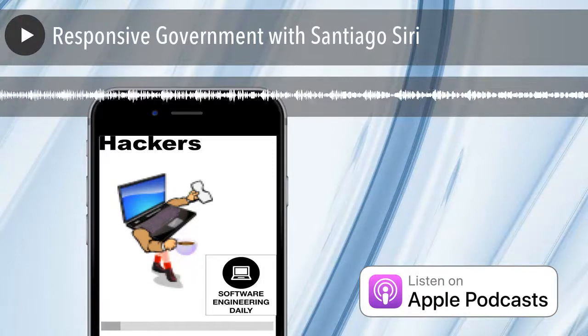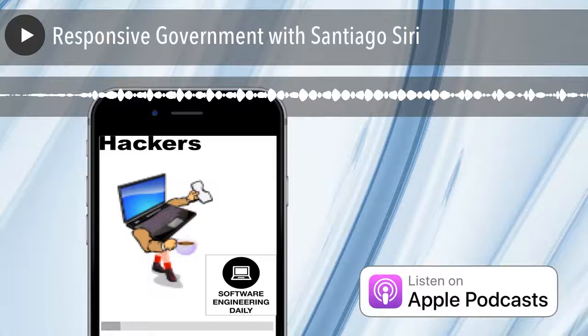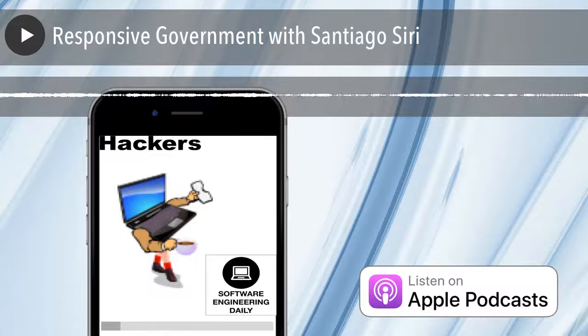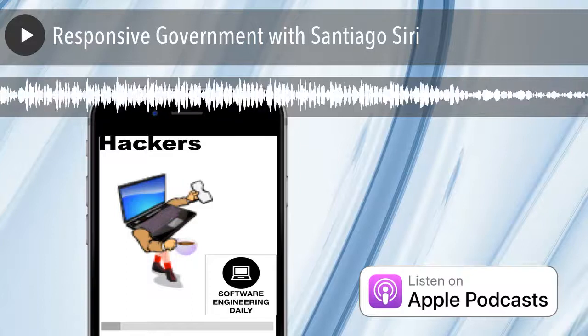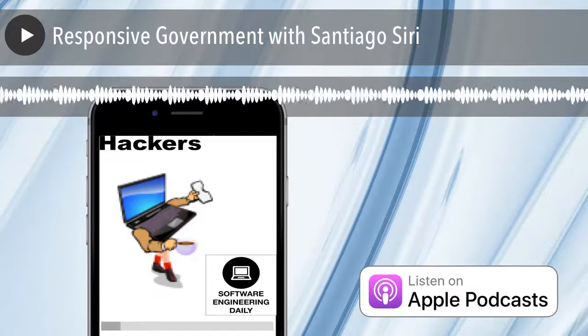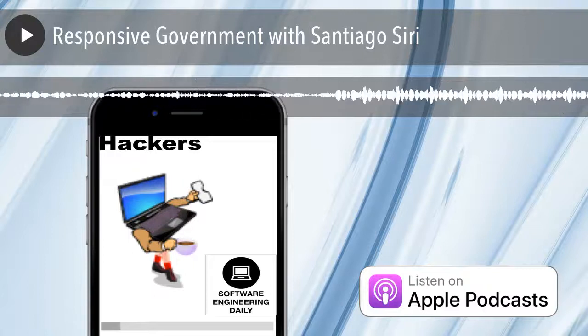How does Y Combinator look at nonprofits? Because I mean, they're a startup accelerator. They're interested in making money. What are they assessing when they look at a nonprofit? I think they're definitely looking at it in a very different way than most of the Silicon Valley philanthropic organizations. The fact that they supported a political party and a political idea like ours is a very bold move for something like Y Combinator, and they really do seem to be taking risks.